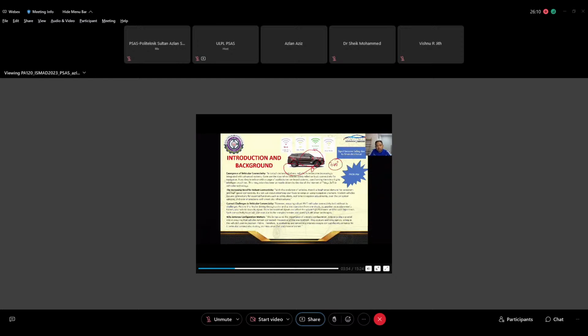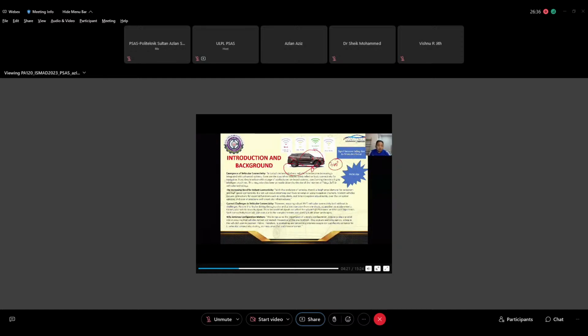So for the emerging connectivity, in today's technology era, vehicles have been increasingly integrated with advanced systems. Gone are the days where vehicles only relied on basic connectivity for navigation. Now they are interfaced with a range of sophisticated onboard systems, transforming them into highly intelligent machines. This integration has been primarily driven by the rise of the Internet of Things in vehicular technology.